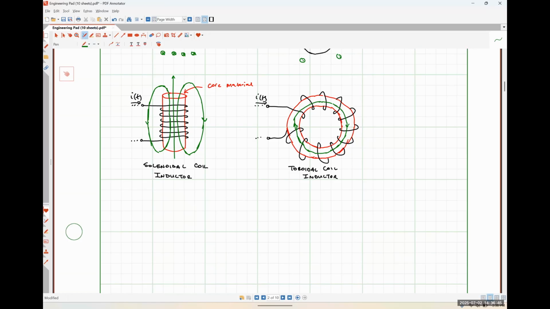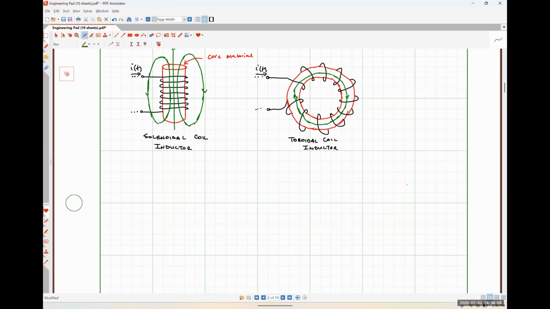Okay. So let's now talk about how we would represent these inductors in a circuit. Okay. So our schematic symbol is going to look something like this.